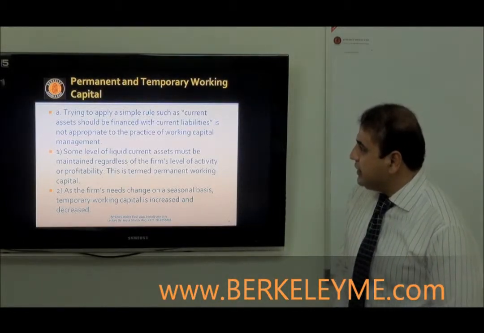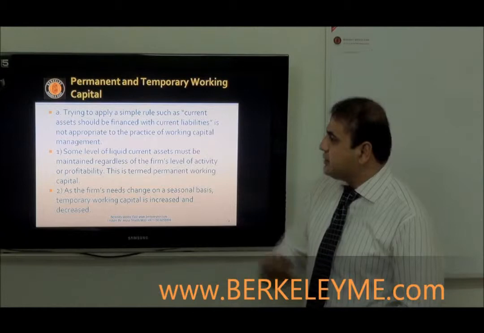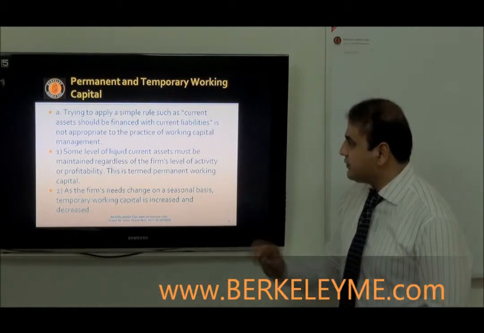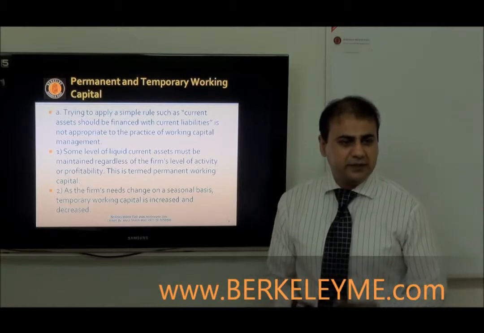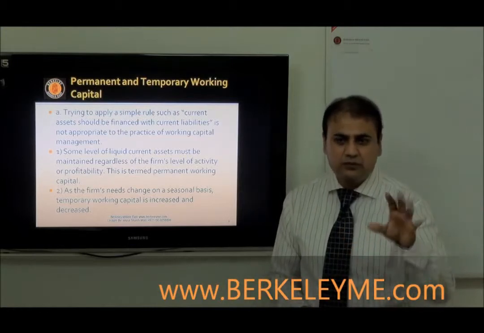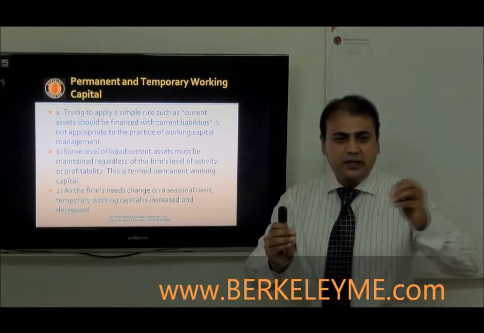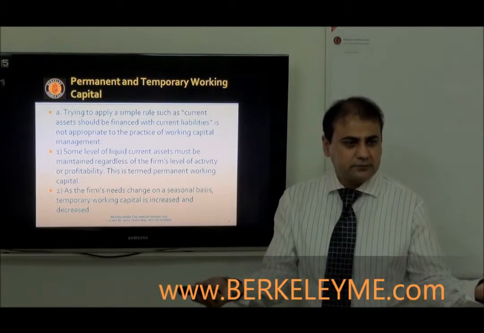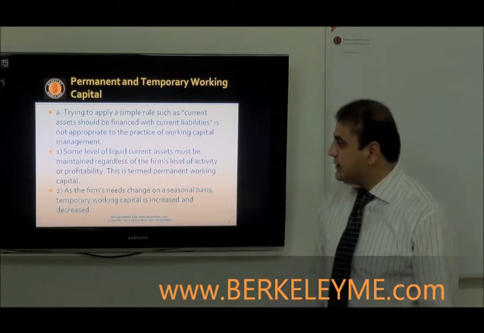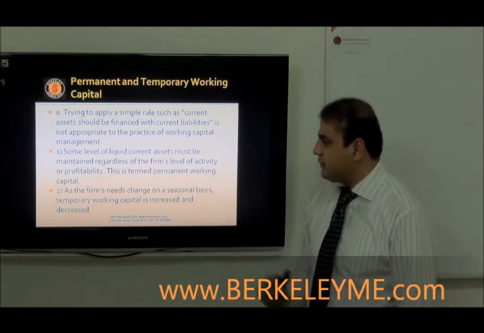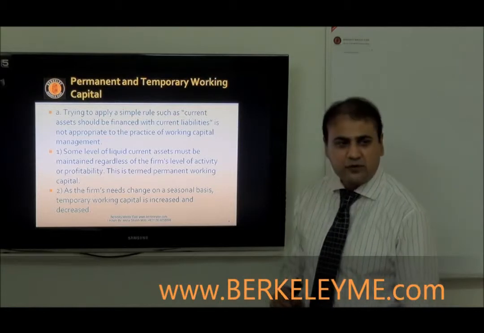Now, try to apply a simple rule such as current assets should be financed with current liabilities. Means for working capital management, whatever we have to receive should be arranged as to pay. Correct. Basic rule. Then some level of liquid assets must be maintained regardless of the firm's level of activity or profitability.